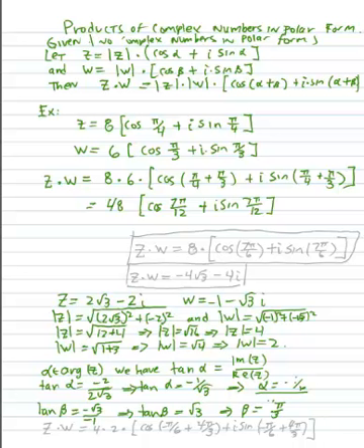as our angle. Therefore, z times w is 4 times 2 times the quantity, the cosine of negative pi over 6 plus 4 pi over 3 plus i times the sine of negative pi over 6 plus 4 pi thirds.